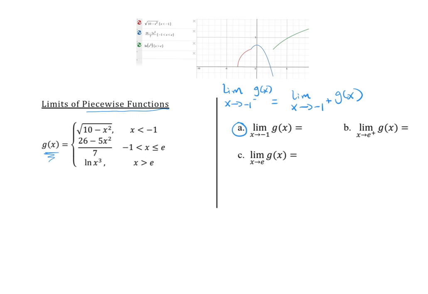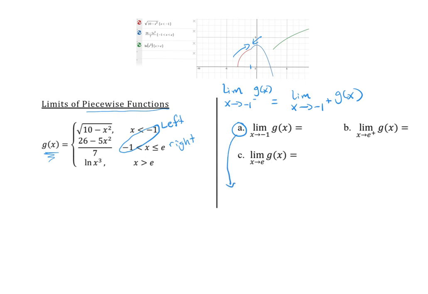So -1 from the left, from the right. But if we don't have a graph, let's think about this. This is from the left. This function is from the right. And notice how -1 is part of that restricted domain.